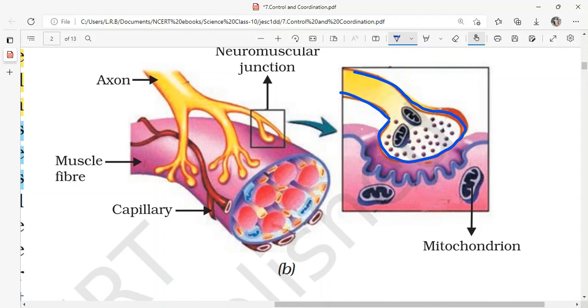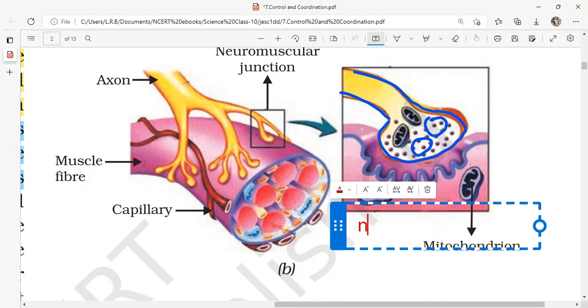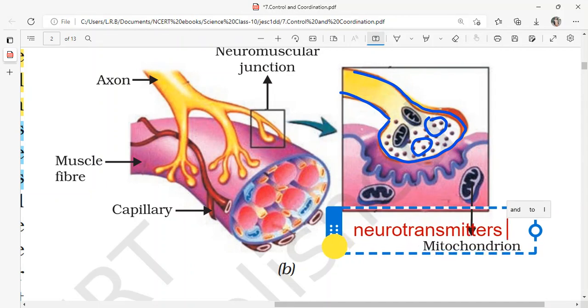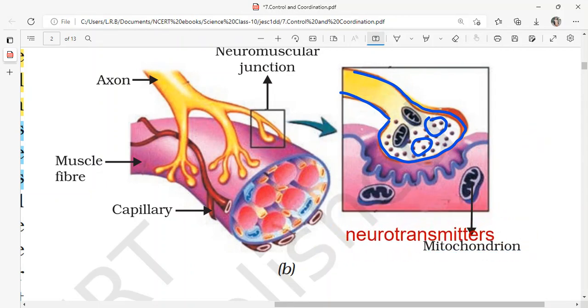These small structures you are seeing here are called synaptic vesicles, and these synaptic vesicles have chemicals called neurotransmitters, which will be released into the next neuron.